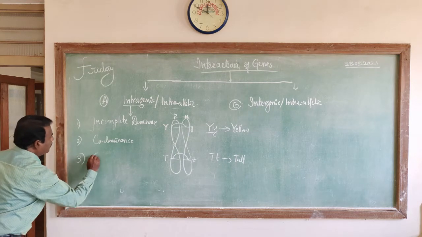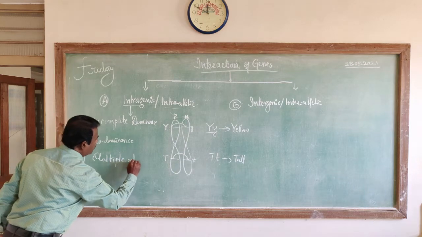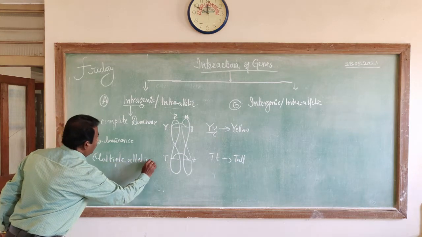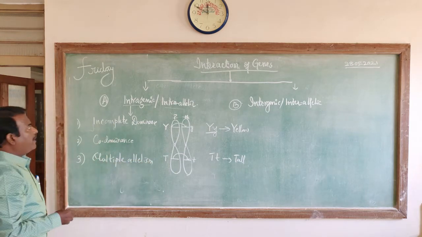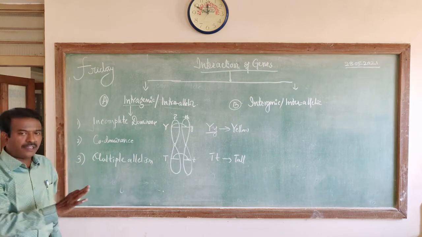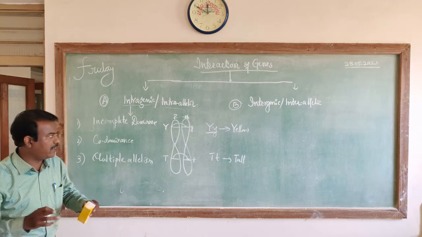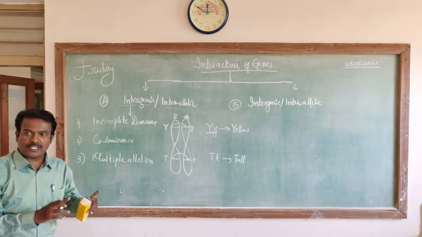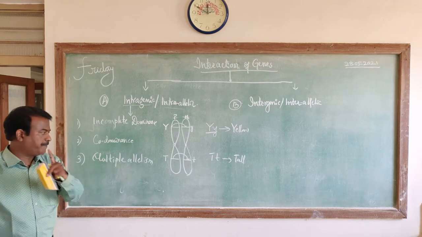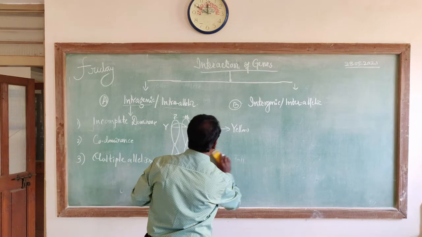Then the third one, multiple allelism. In all these three cases, we find intragenic or intra-allelic interaction. Intra-allelic interaction is the one where alleles belonging to the same loci interact among themselves to express a specific character. Okay, so that's all about intra-allelic.